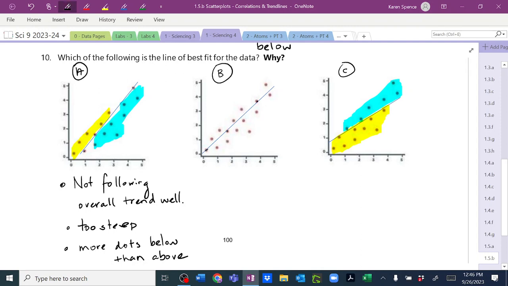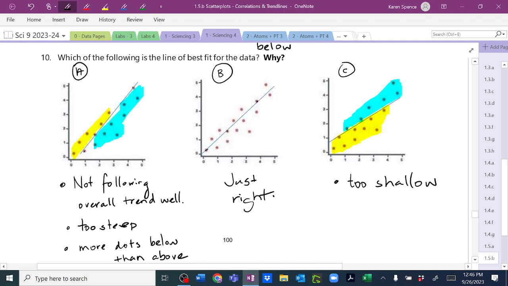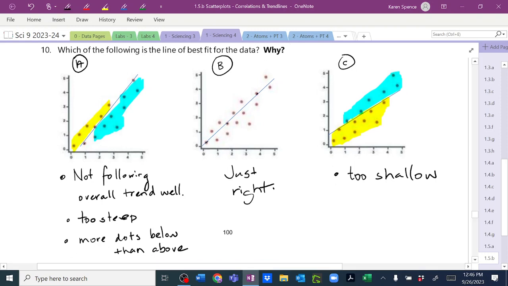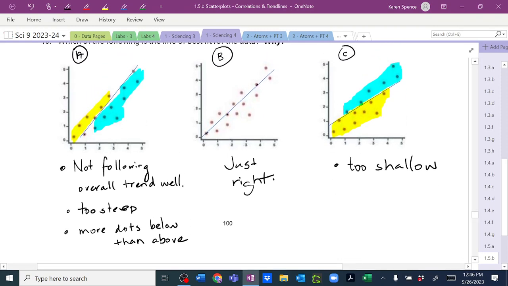Is this one too steep or too shallow? C. C is too shallow. And this one is just right. Okay. Did that help? Excellent. Perfect, perfect.